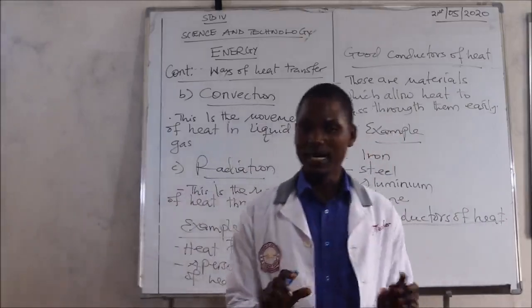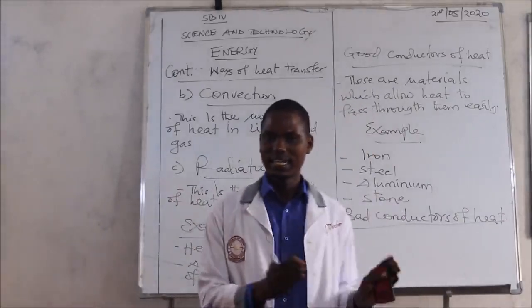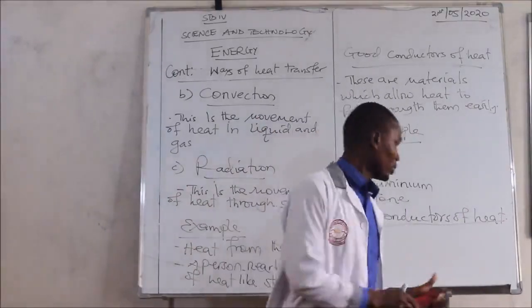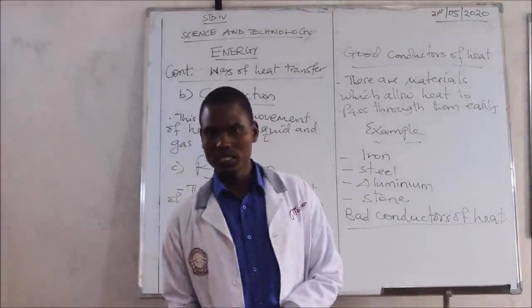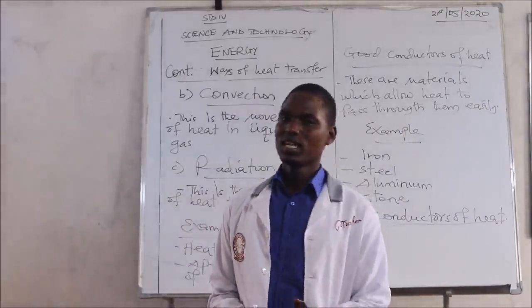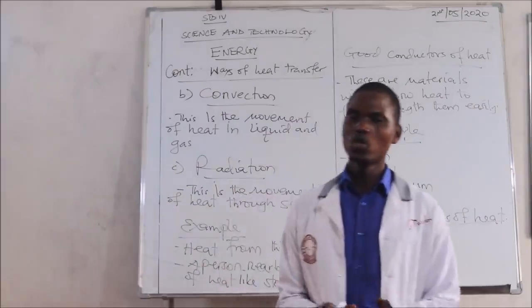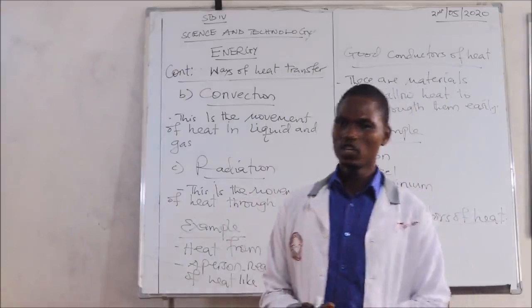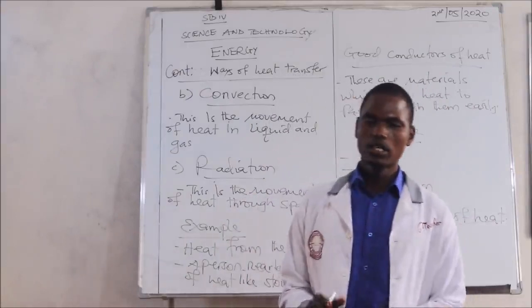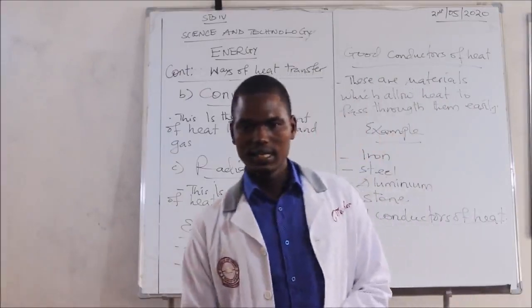When you hear the word bad, that means there is negativity. So now, just a simple explanation about bad conductors of heat. We say that bad conductors of heat are materials which do not allow heat to pass through them easily.